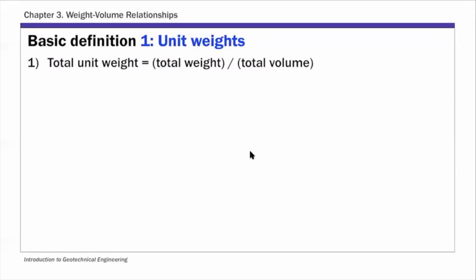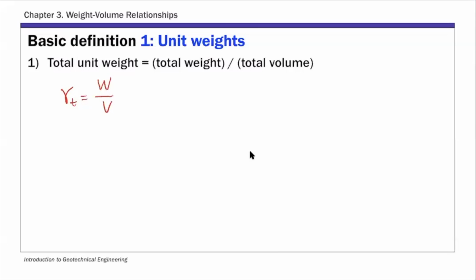Okay. So if I use the symbols we just defined, this total unit weight gamma, I'm going to use gamma T here, is total weight over total volume. Okay.